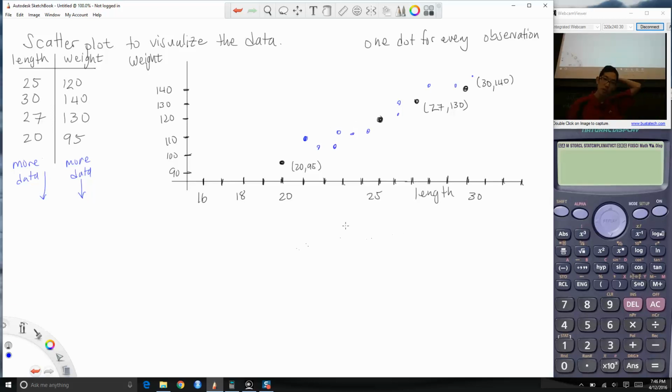And then just looking at the overall trend that appears, we can say indeed the data supports the notion that snakes with high length generally have high weight. Snakes with low length generally have low weight, okay?